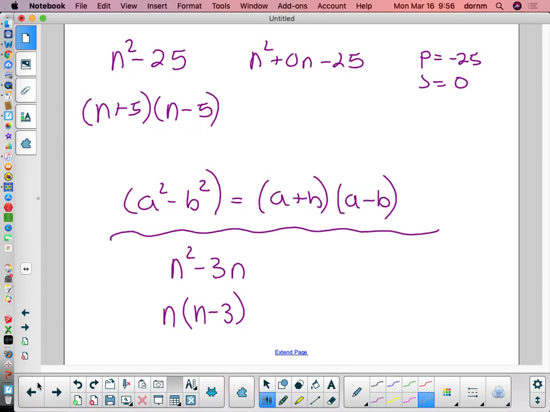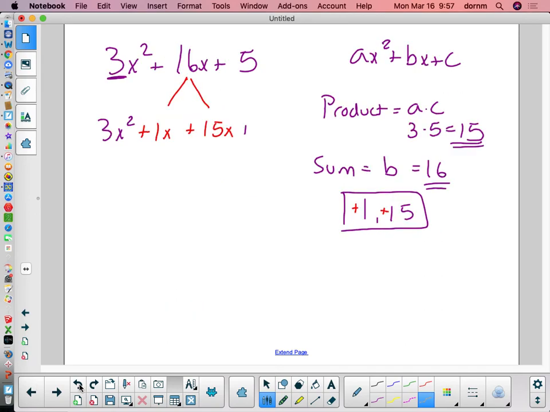Who remembers what we do now? Now I've got a 4-term polynomial. What do we do? We group them. We put in parentheses. That should be a plus. I forgot my plus sign there. Plus 5.